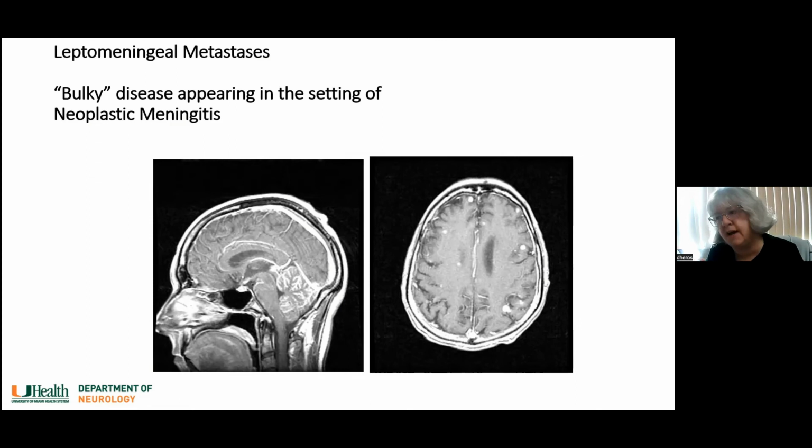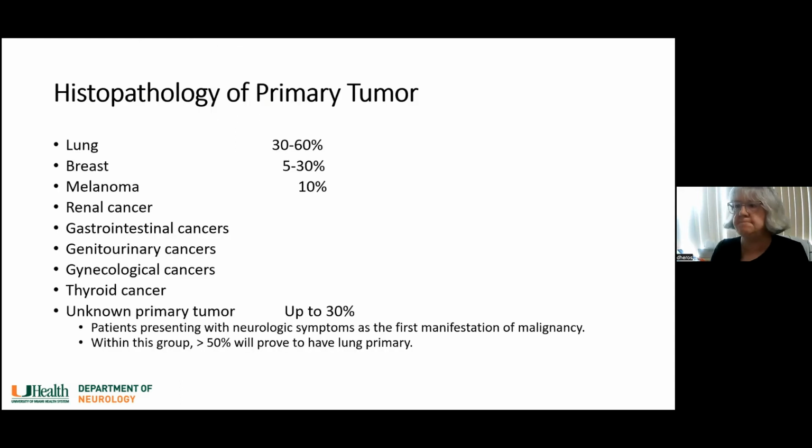And those metastases are actually what we call bulky disease from leptomeningeal disease. And I think the reason this is important is to identify this because otherwise the patient may receive SRS to all those small lesions, and the real problem is involvement of the leptomeninges throughout the neuroaxis, and that would make a difference with our treatment decisions.